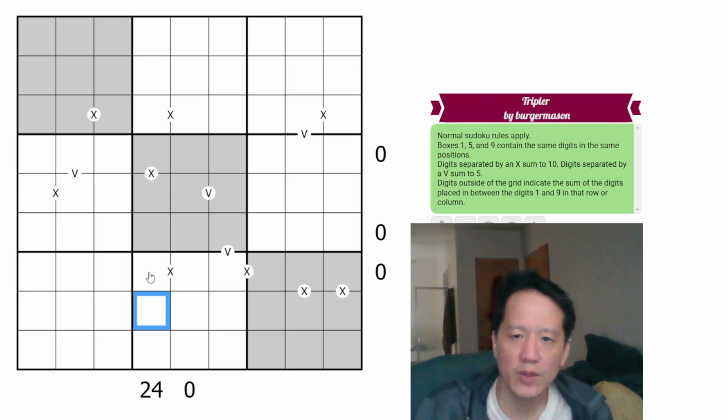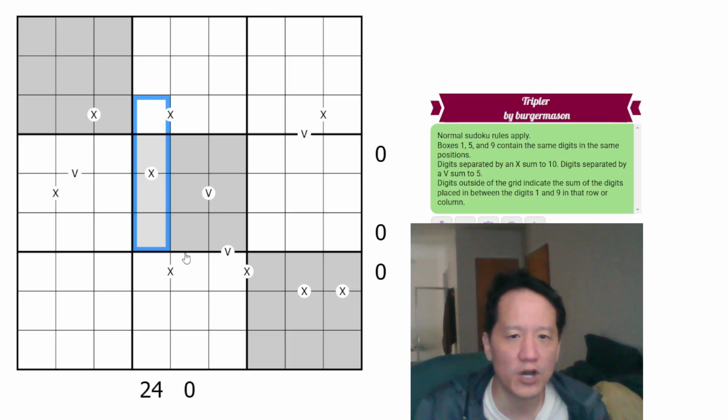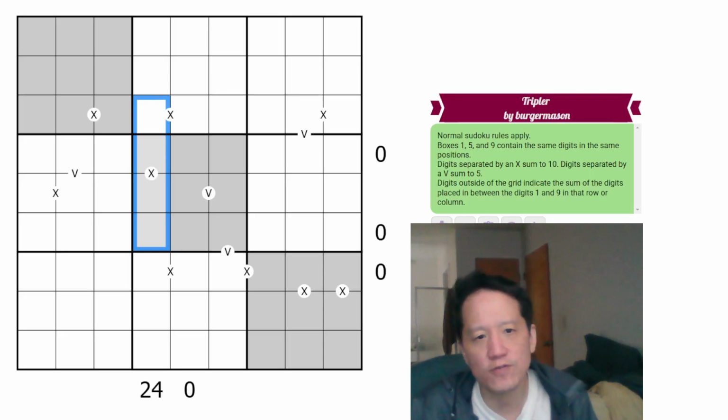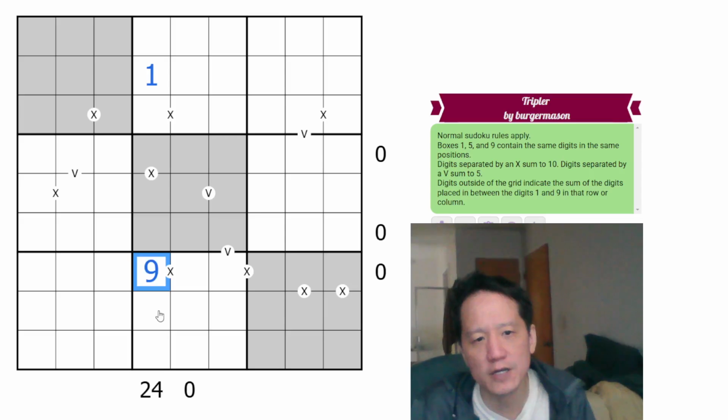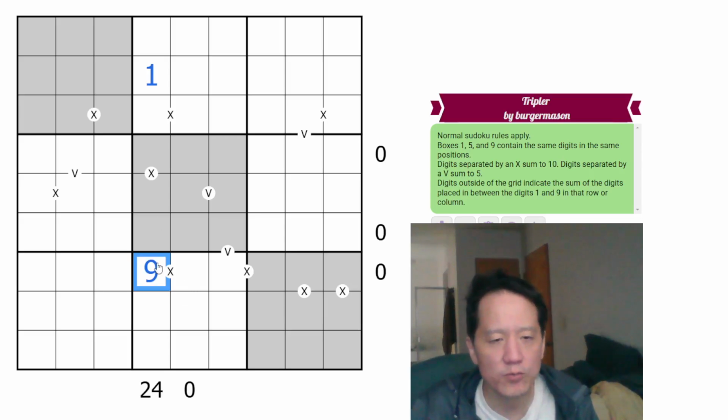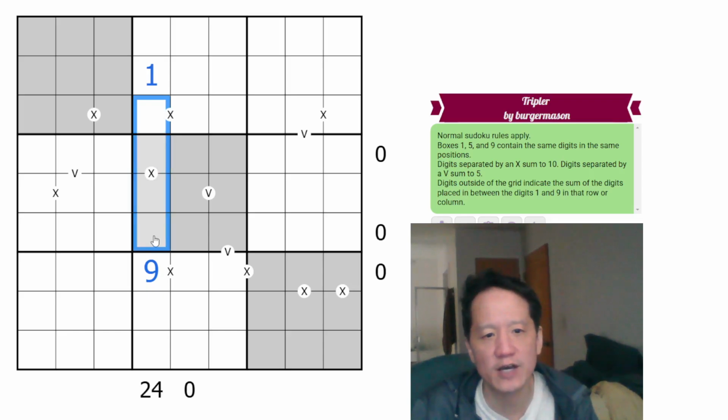If we had a 1 here and a 9 here, then we would know that the 4 digits in between them would have to add up to 24.